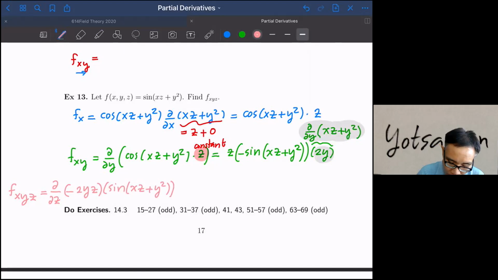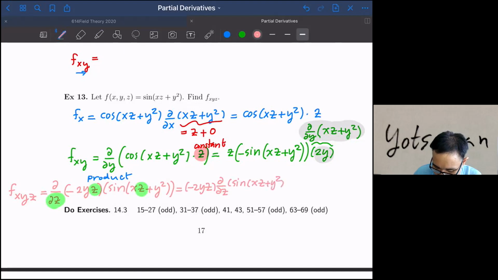You see that this is a product of two functions in terms of z, so you just apply the product rule: the first times the derivative of the second, plus the second times the derivative of the first.